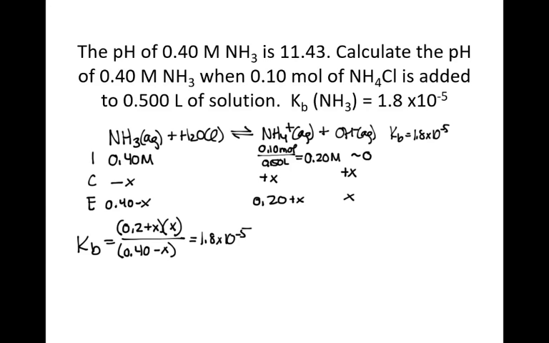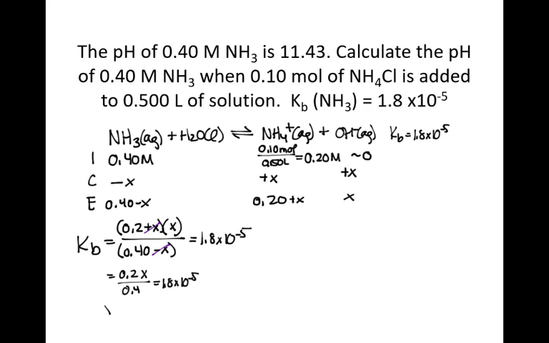Okay, here we can make our small x approximation twice. So we can assume that 0.2 plus x and 0.40 minus x are both just equal to the number, that x is small compared to those values. And so that leaves us with 0.2x divided by 0.4 equals 1.8 times 10^-5.